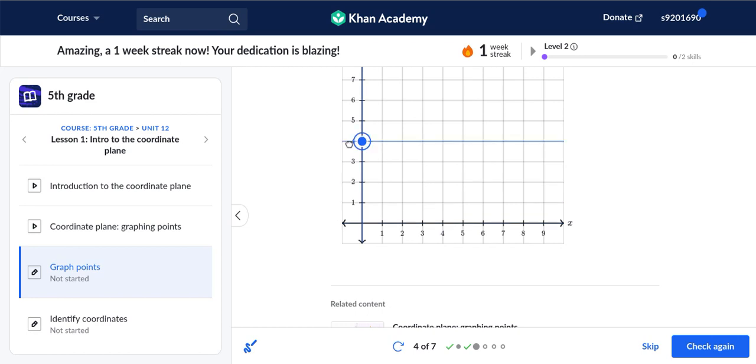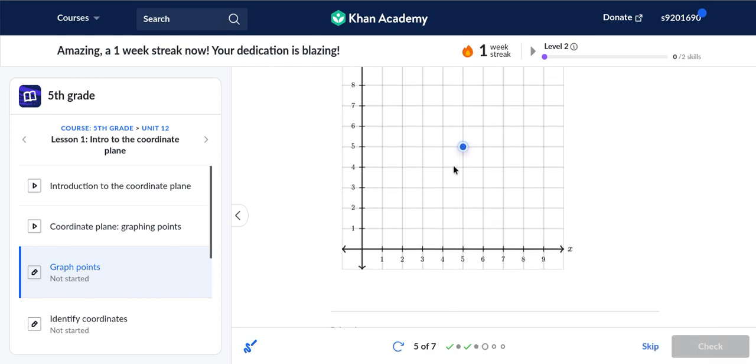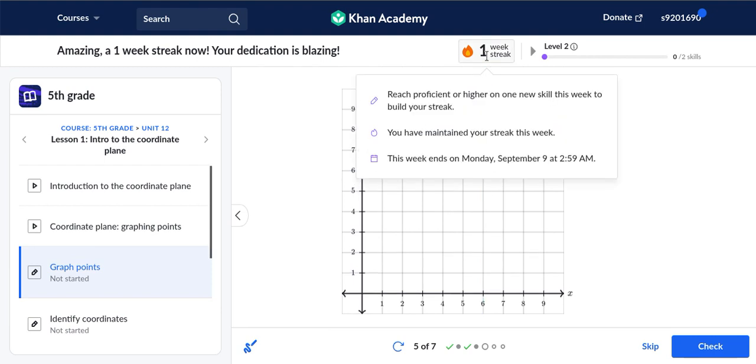Oh, I know what I did wrong. I was supposed to go down, then up, because our origin, our 0, if you got confused, is right here. So I'm done. I'm so sorry. 9, 6. I want to make sure we're going up to the y-axis, y-coordinate.